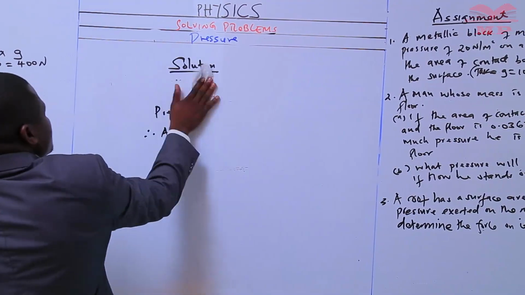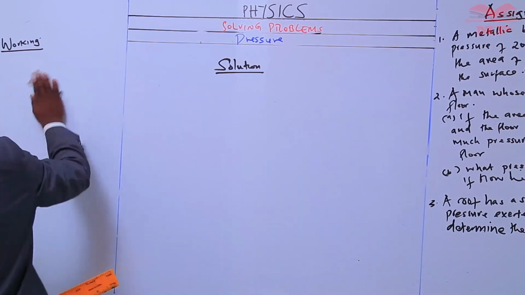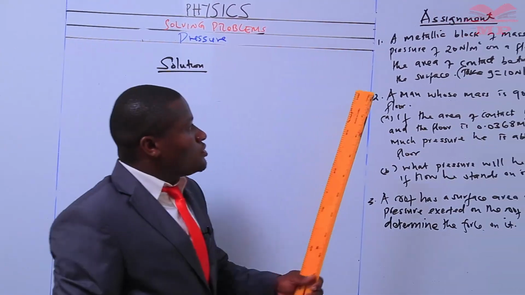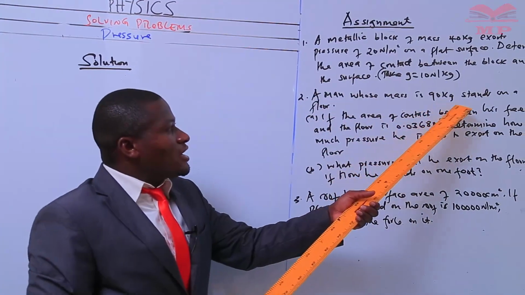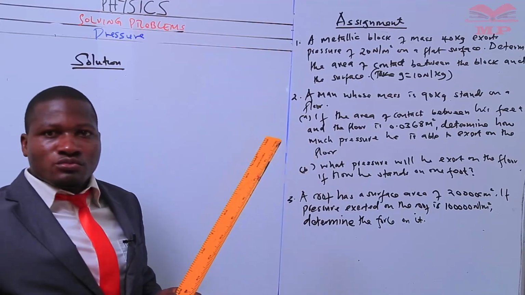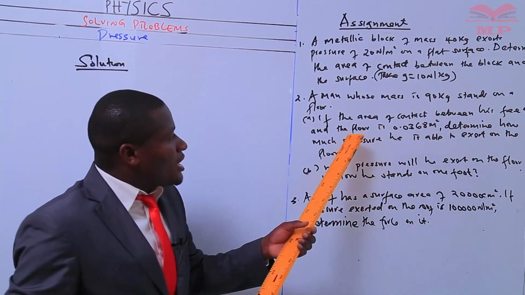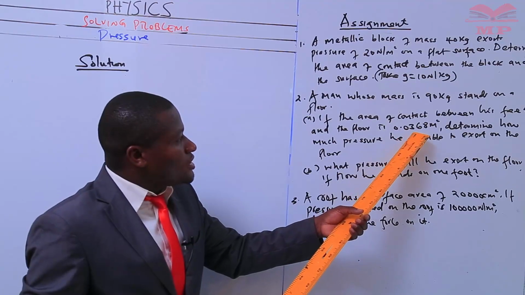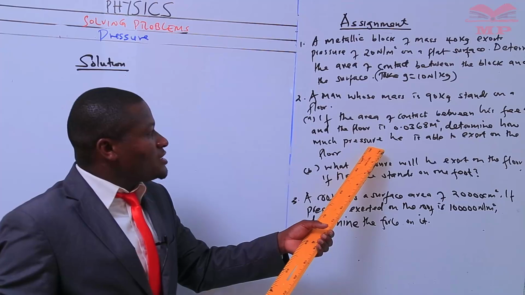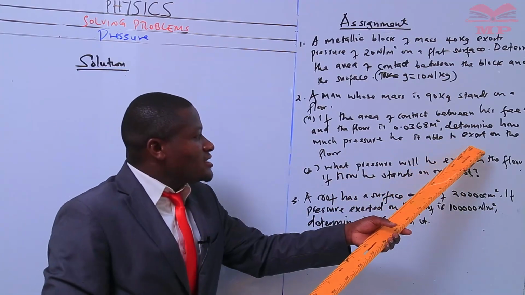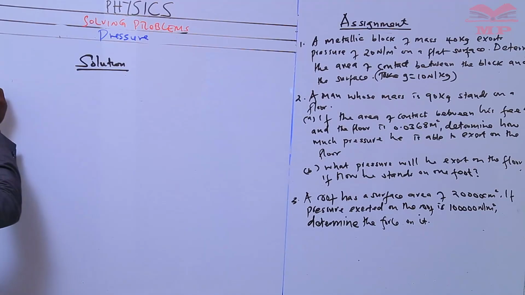Question 2. It says, a man whose mass is 90 kilograms stands on a floor. If the area of contact between his feet and the floor is 0.0368 meters squared, determine how much pressure he is able to exert on the floor. So that is question 2.